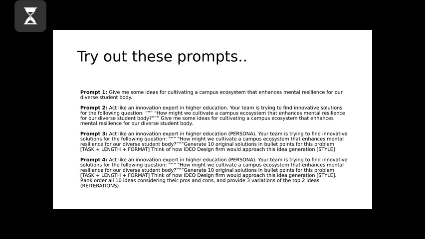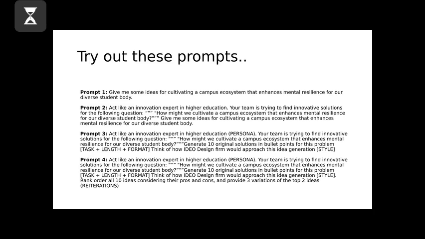And in this third prompt, not only am I assigning a persona to AI, act like an innovation expert, but I'm also giving more specific contextual information, specifying the number of solutions I want, and the format I want them in. I say generate 10 original solutions in bullet points for this problem.